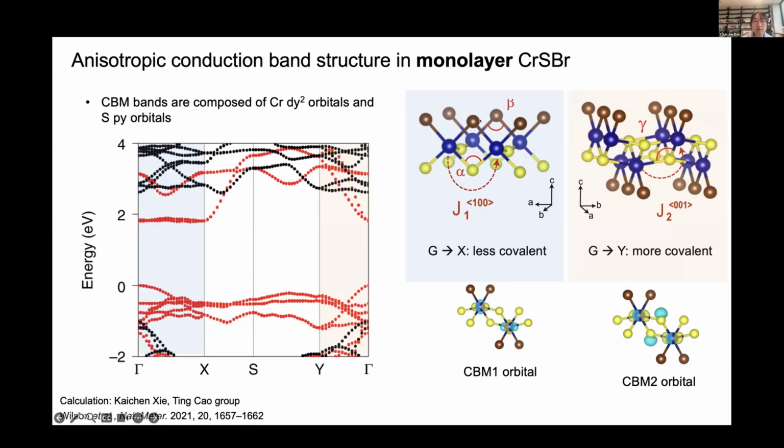If you look at the crystal structure geometry and the participating bonding orbitals to the conduction band, we can reason out why it's so flat along the gamma to x direction. That's because the orbital overlap there is quite limited because of the geometry, the angle is really not favorable. But if we look at the gamma to y direction, the orbital overlap can be quite enhanced. And so along that direction, we see it's rather dispersive, and the energy scale is quite large.